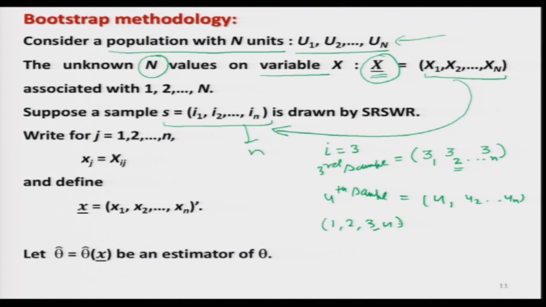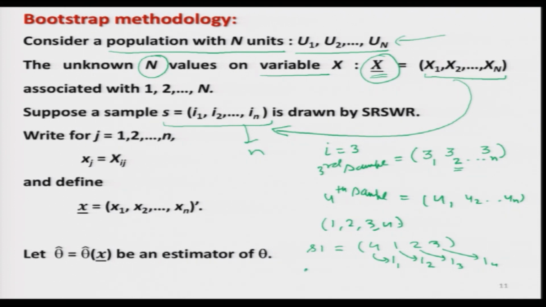Now, I try to draw a first sample S1, and I get the values 4, 1, 2, 3. So, this is sample number 1 first value, second value, third value, and fourth value.